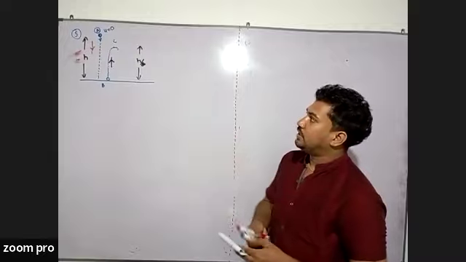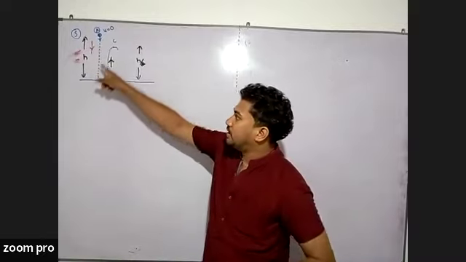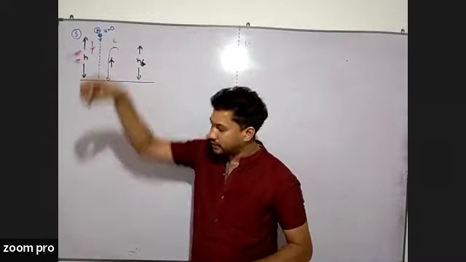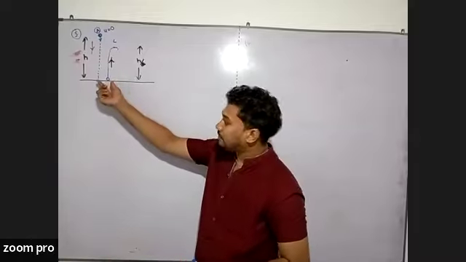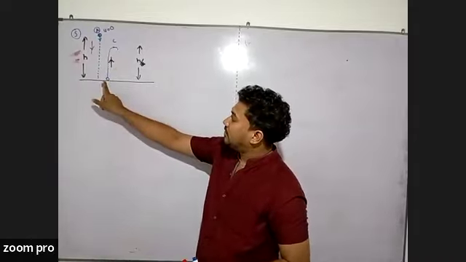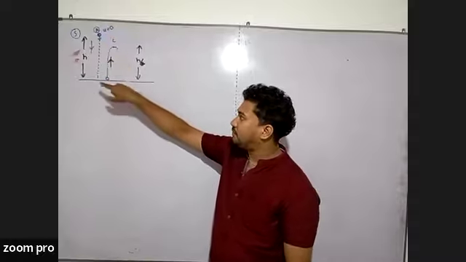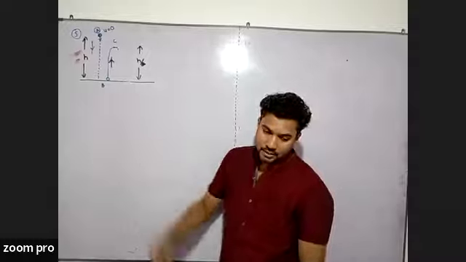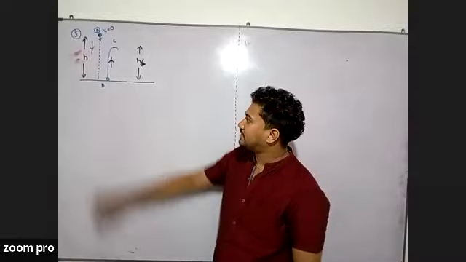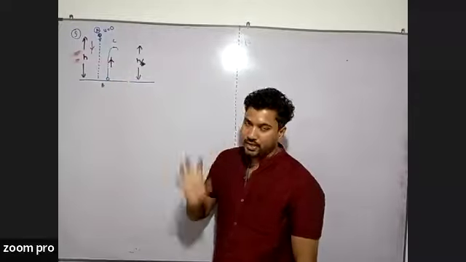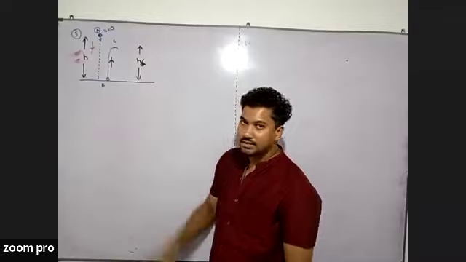First, when the object is coming downwards, the velocity should be directed vertically downwards. After the bounce, the object moves vertically upward, so the velocity should be directed vertically upward. That's the thing you need to identify when looking at this diagram.